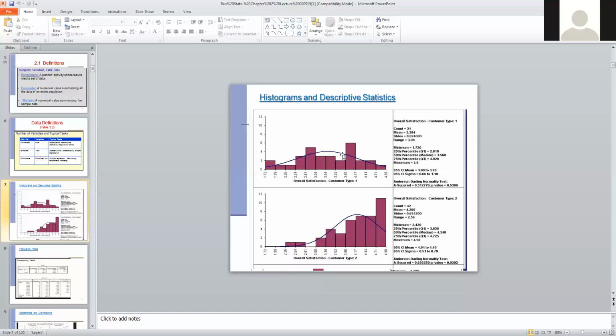You'll see either with Excel or with Megastats, creating histograms is going to be quite simple. And then over on the right-hand side are some descriptive statistics, things like the count, the mean, the standard deviation, the range of the data. I'm sure you know what all of these things are because you've all taken statistics, but we'll be using these tools and applying them to particular data sets as we go forward in the semester.